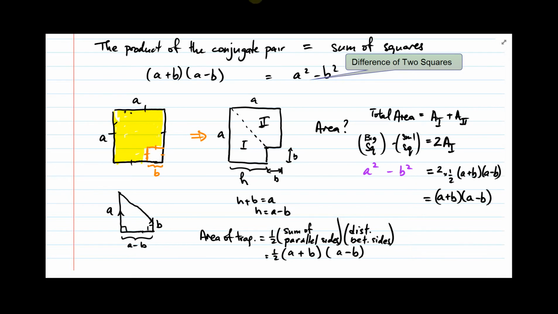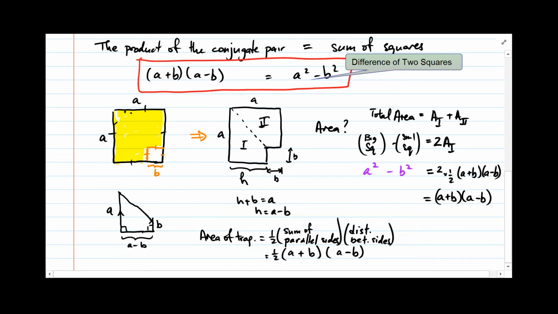So the geometrical meaning of this, the product of the conjugate pair, is the difference of squares. It's just a way of finding the area of a large square with a small square removed. Alright, so that's all that is going on in this part.